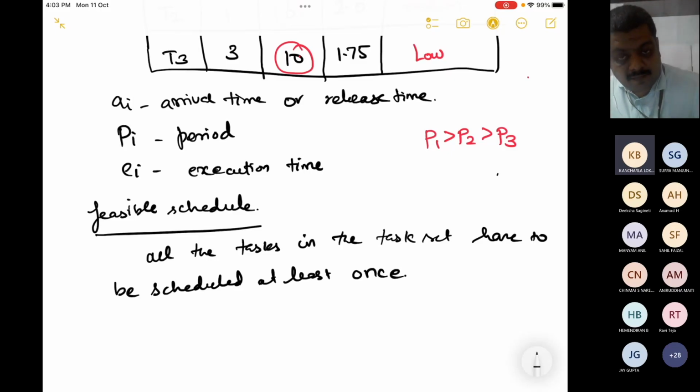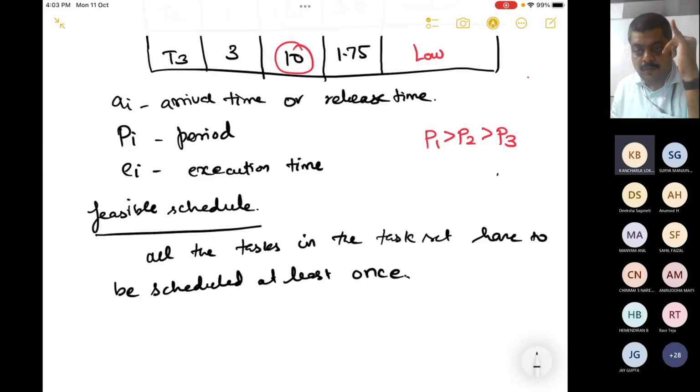In that case, we call it a feasible schedule. So we have an optimal schedule and a feasible schedule. That means all the tasks in the task set have to be scheduled at least once. That is called a feasible schedule.